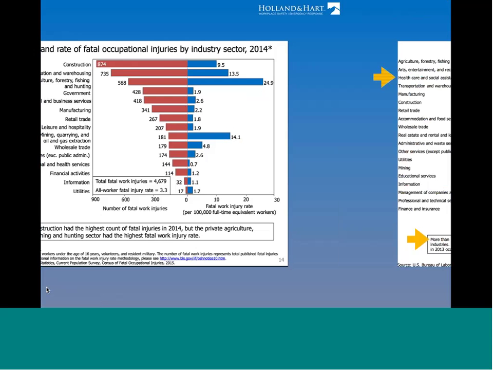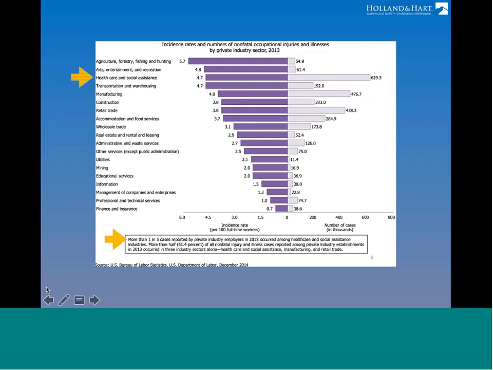But if we look at the next slide, which is looking at the incident rate and numbers of non-fatal occupational injuries and illnesses by private industry sector, you'll see that for non-fatalities, the healthcare and social assistance sector are at very high rates in terms of the numbers of non-fatal occupational injuries and illnesses as compared to other similar industries or other similar peer groups.